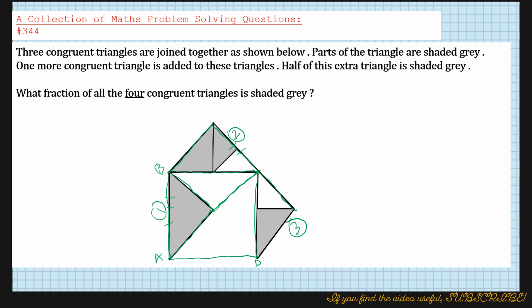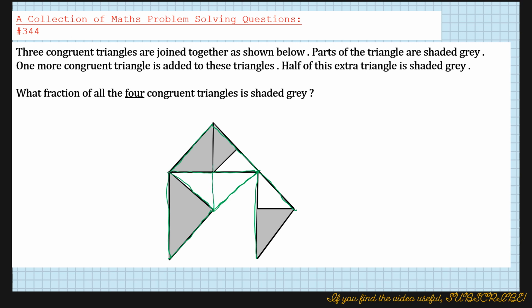We don't need to show the equal sides. So if that's the third congruent triangle, not third, sorry, fourth congruent triangle, then half of this extra triangle is shaded gray, so half of that would clearly be an extension of this line.